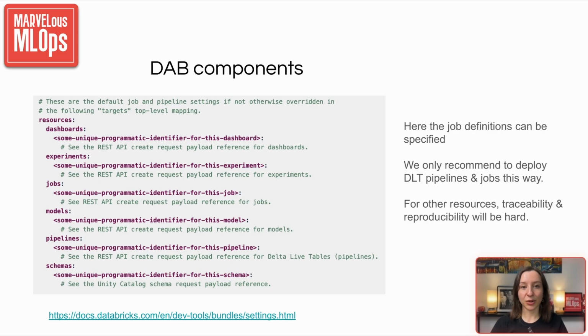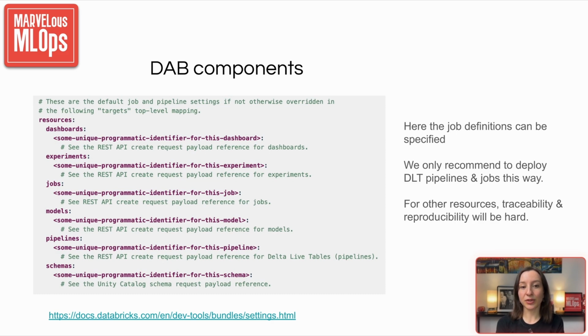And the next section shows how we can define resources like dashboards, experiments, jobs, models, and pipelines within the bundle configurations. Each entry uses a programmatic identifier and maps to a corresponding REST API payload reference. While it is possible to define all types of resources here, we only recommend using this method for Delta Live Tables and jobs.